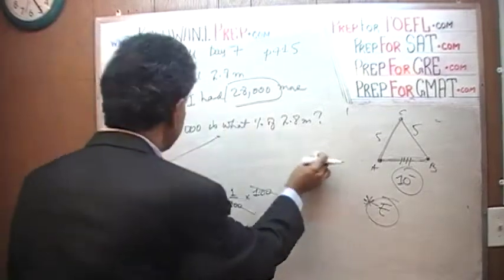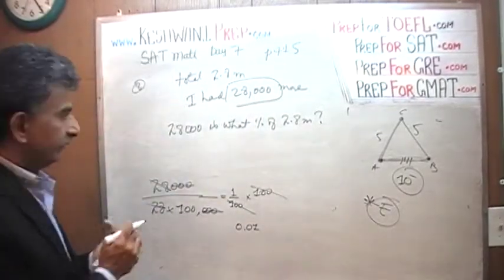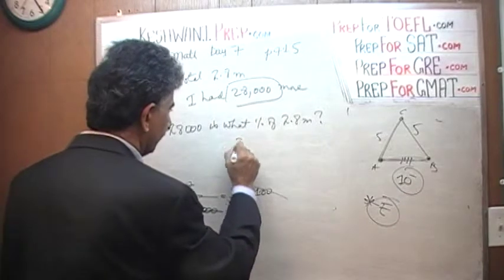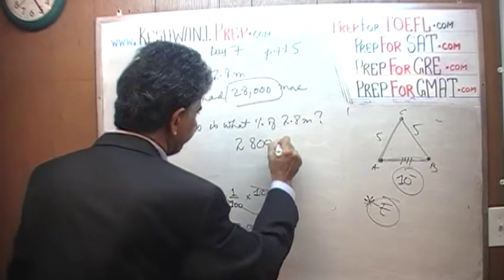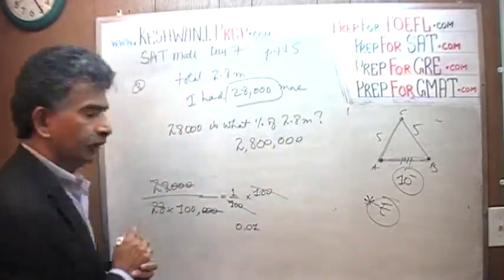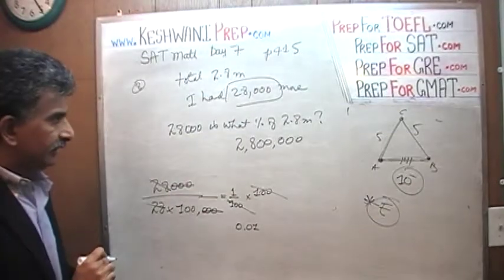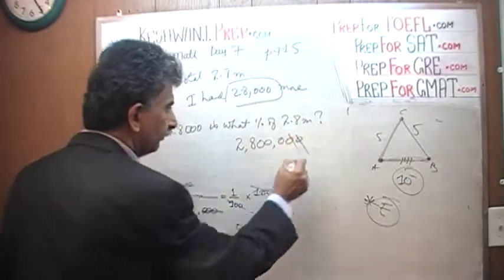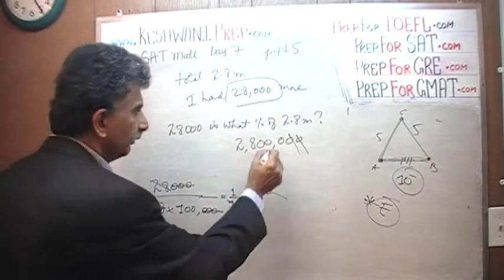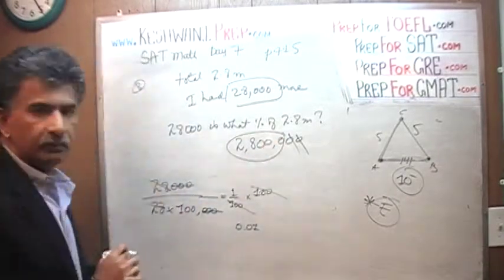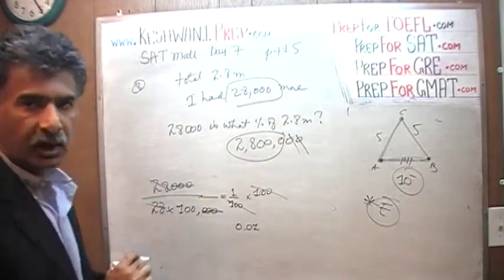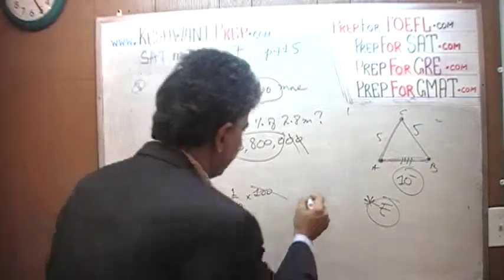Another way we could have seen this thing is to realize that 2.8 million is simply this guy right here. And immediately we see that if we were to knock out 2 zeros, we are left with 28,000. And what does it mean when you knock out 2 zeros from something?